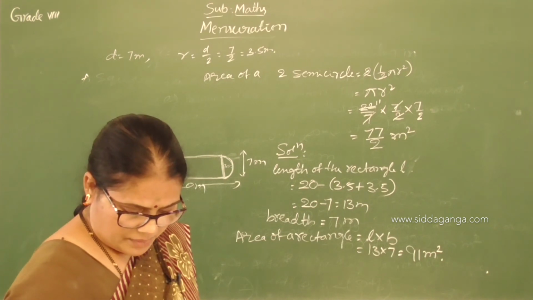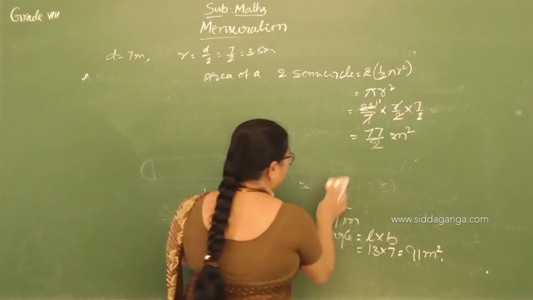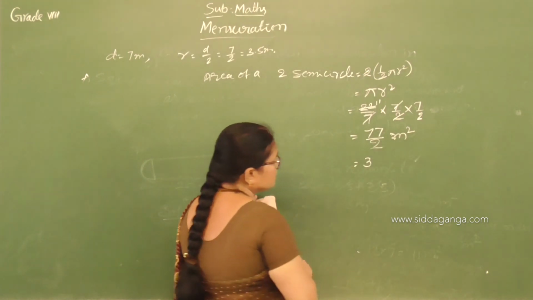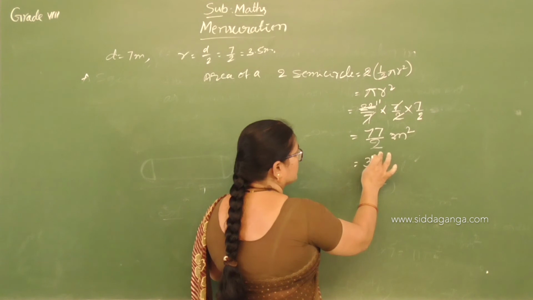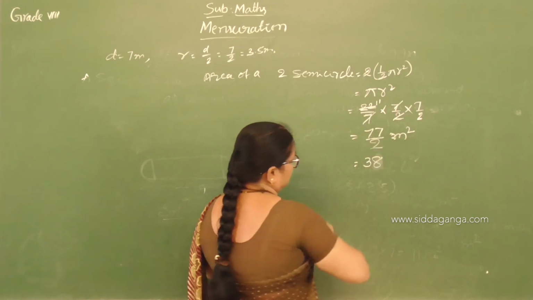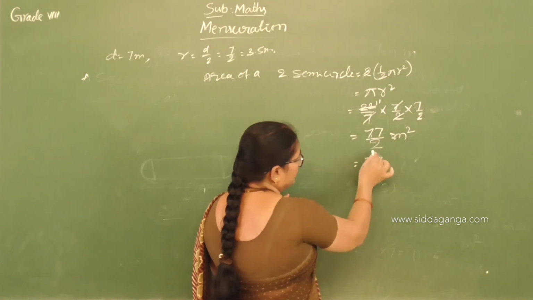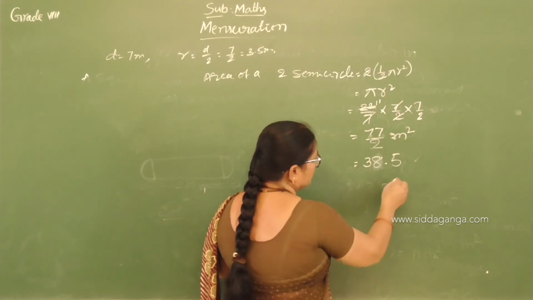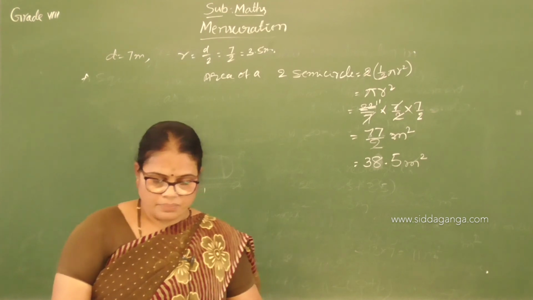Dividing, that will be equal to 38.5 meter square. Area of the circle is equal to 38.5 meter square.